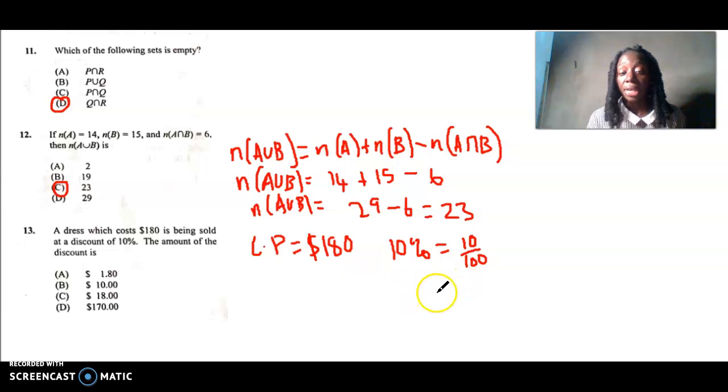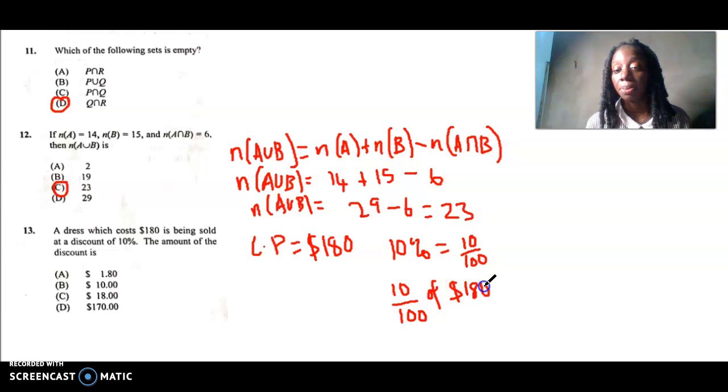Now what we need to find is 10% of $180.